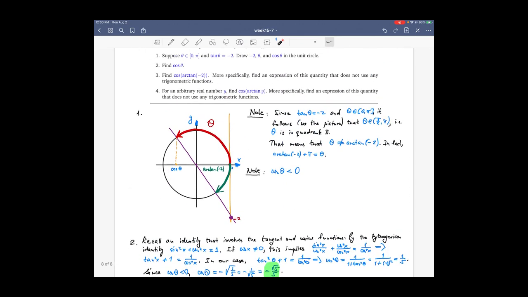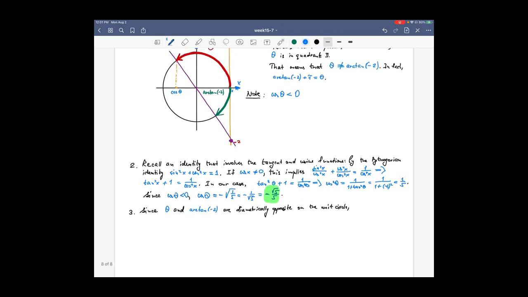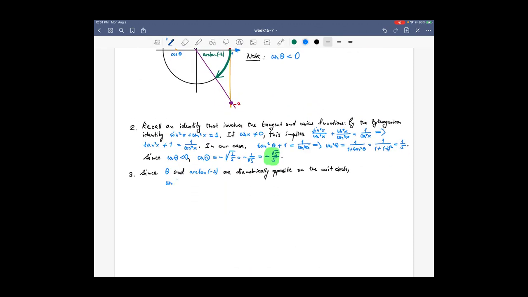So cosine of arctangent of -2 will be negative of cosine theta. This time it's positive root 5 over 5.